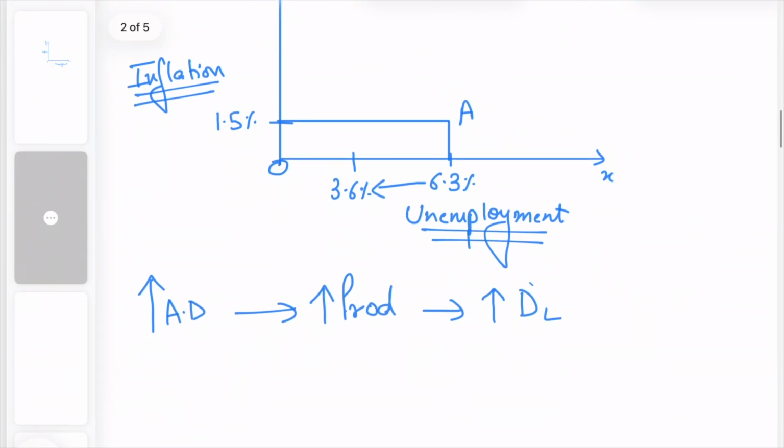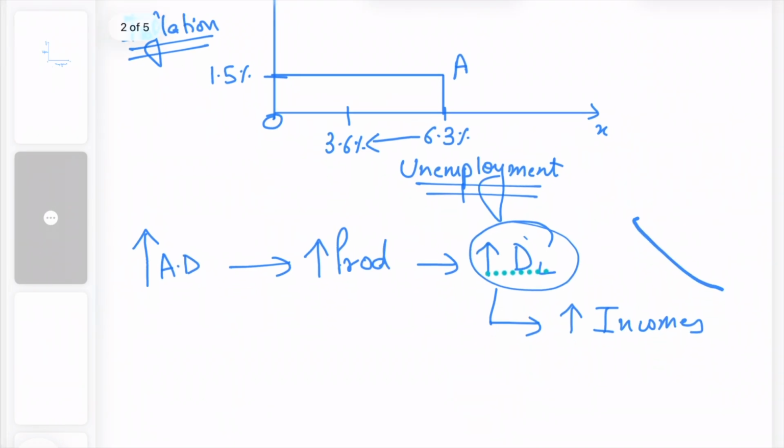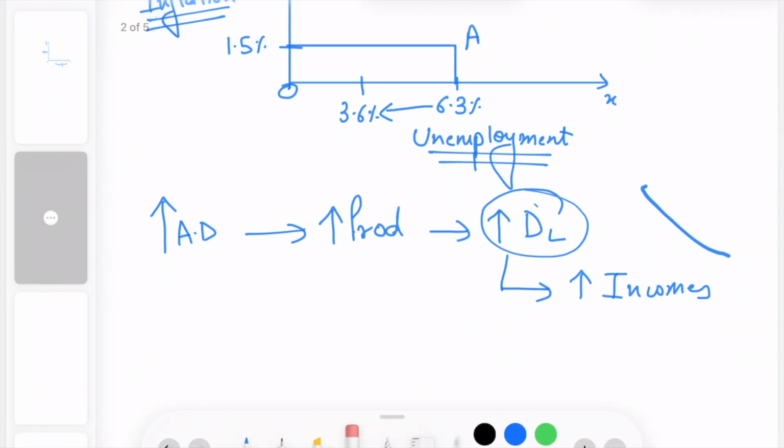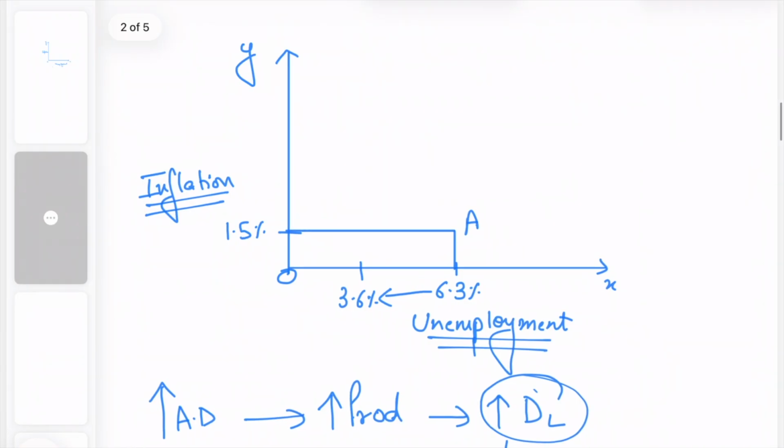However, because of higher demand for labor, higher incomes are being earned. Higher incomes also will lead to more spending. There are also lower interest rates in the economy, which is a part of my expansionary monetary policy. All of this will lead to greater spending. Greater spending will lead to greater aggregate demand, and greater aggregate demand will increase my inflation in the economy.